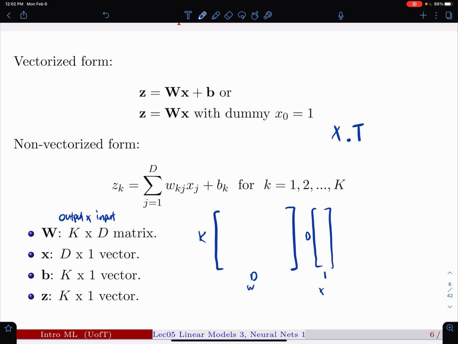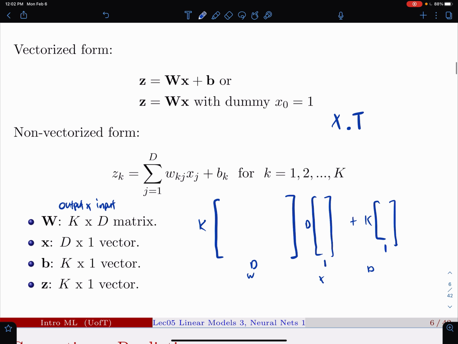And after we multiply WX, we're also going to add b, which is a K by 1 vector. So this is a K by 1 plus a K by 1, which gives us a K by 1 dimensional output of our function.